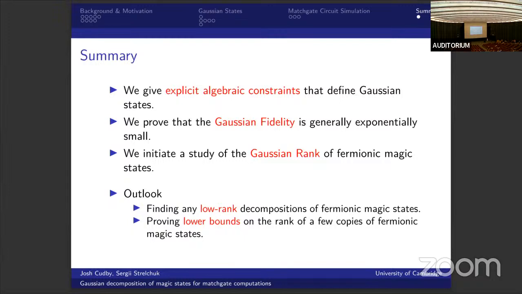Yeah, it's a really good question. And I think magic in the matchgate case is a lot more subtle than in the Clifford case, because it's not the case that it's either magic or not. There's definitely a continuous spectrum. And I don't think there have been enough studies yet; we have all these magic monotones in the Clifford case. So it would be really interesting to see if maybe swap gates aren't the way forward.